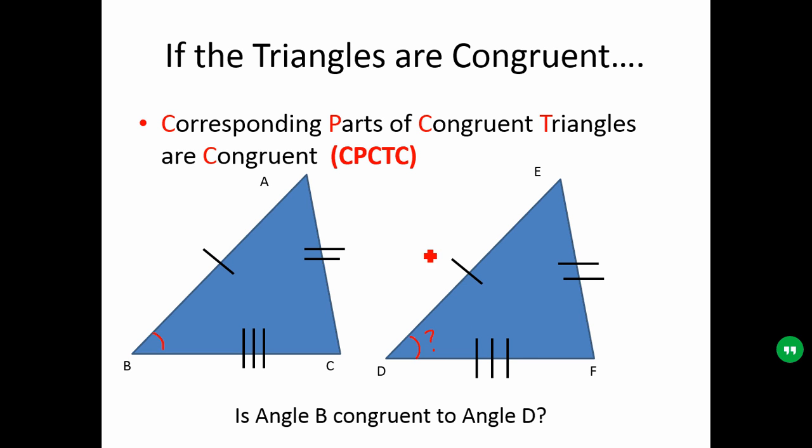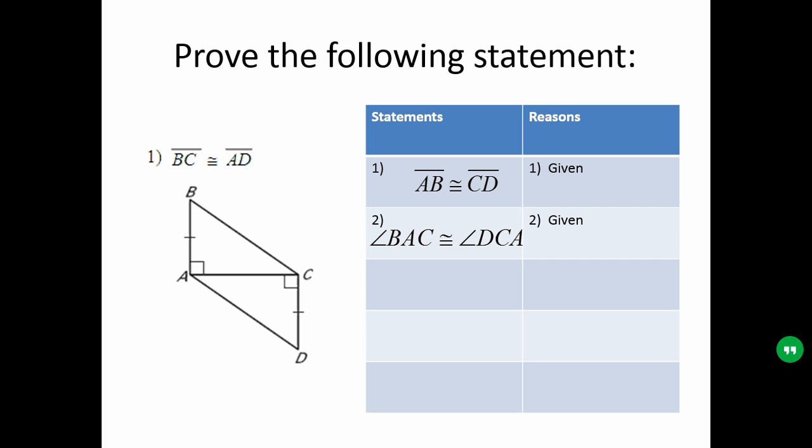Well, we can specifically state that triangle ABC is congruent to triangle EDF, and the reason is side, side, side. And now since both triangles are congruent to each other, I can state that angle B is congruent to angle D, because they are corresponding parts of congruent triangles, and those are going to be congruent.